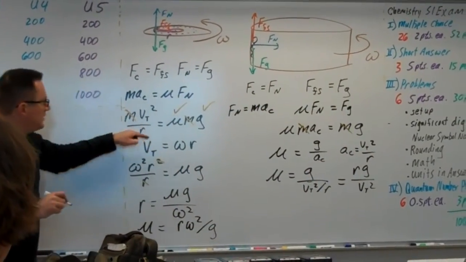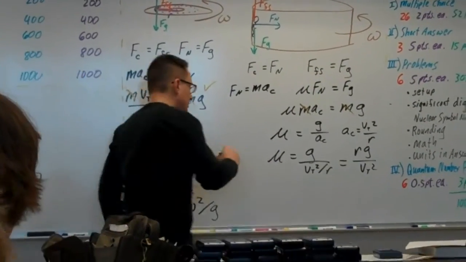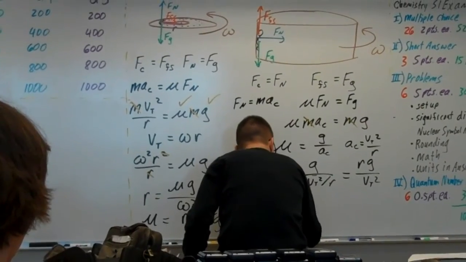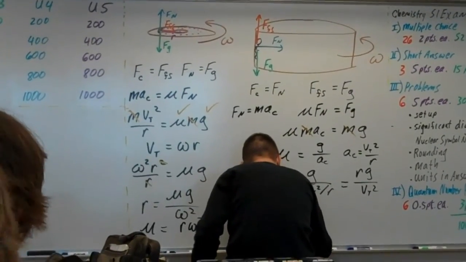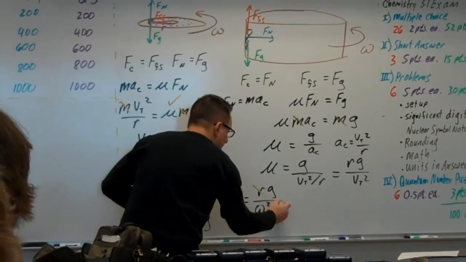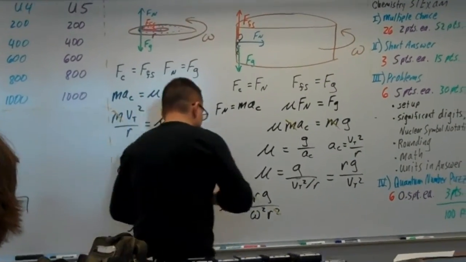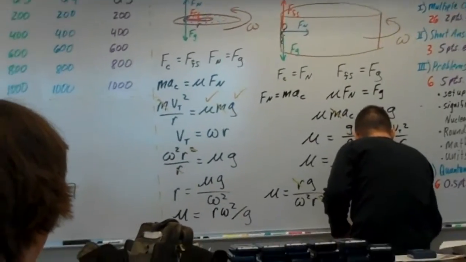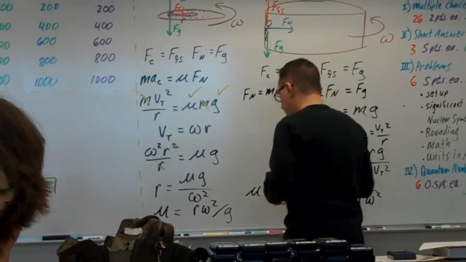But then I know that vt is omega times r, so the coefficient would be rg all over omega squared r squared. Then this r cancels that squared, so the coefficient would be g over r omega squared.